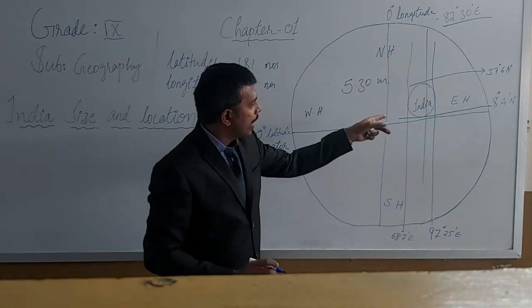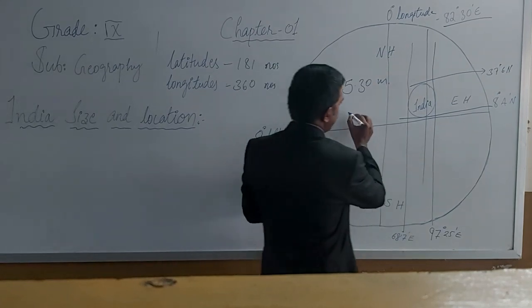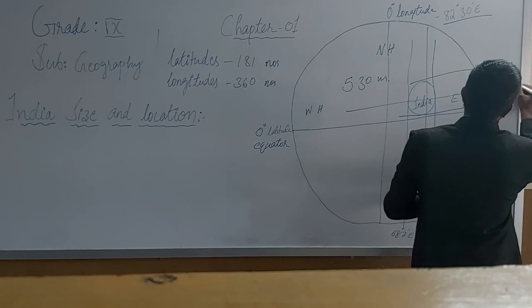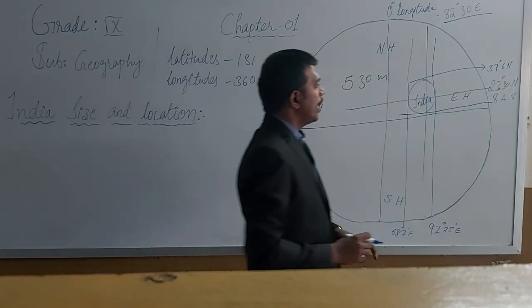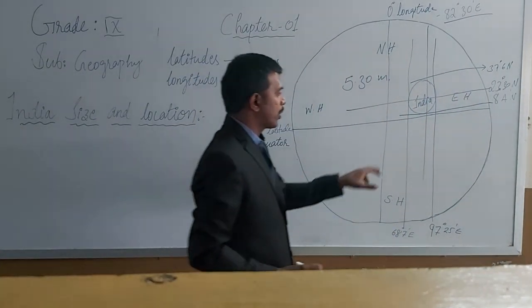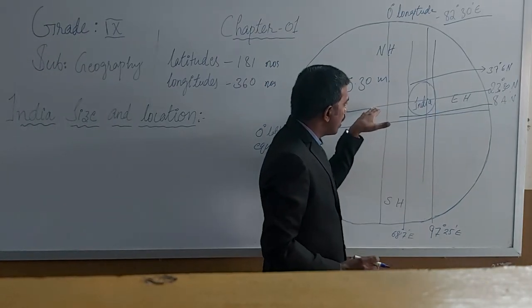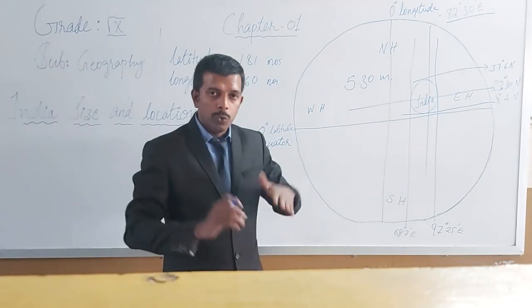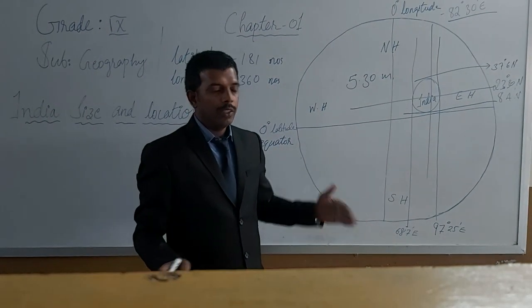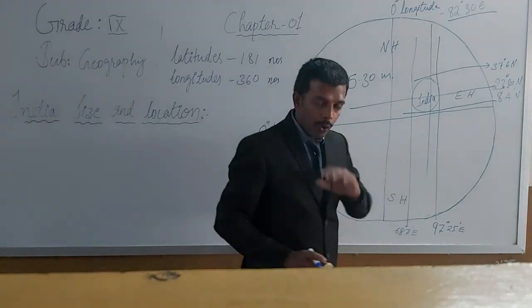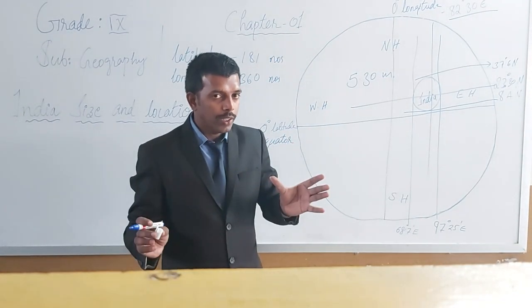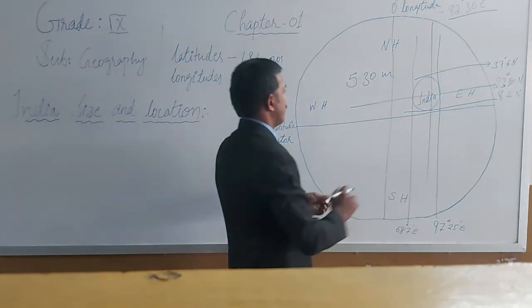And I am going to indicate one more latitude here. It is known as the 23 degree 30 minute north latitude, which almost divides our subcontinent into two equal parts. This latitude is also called the Tropic of Cancer.